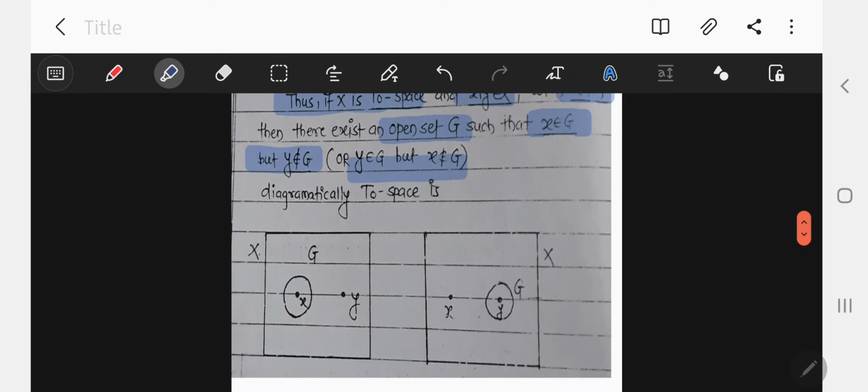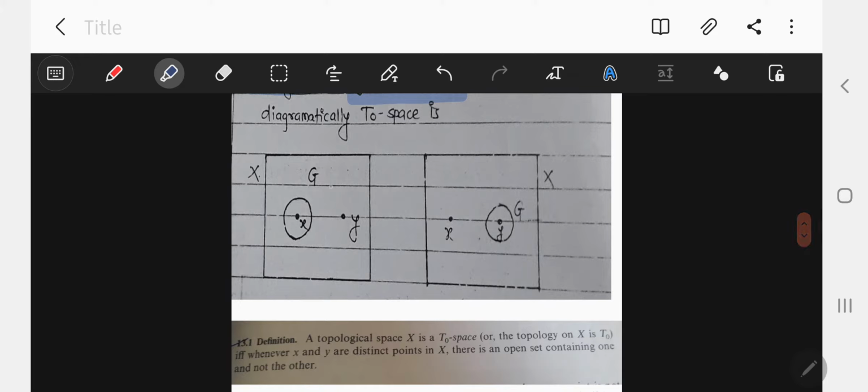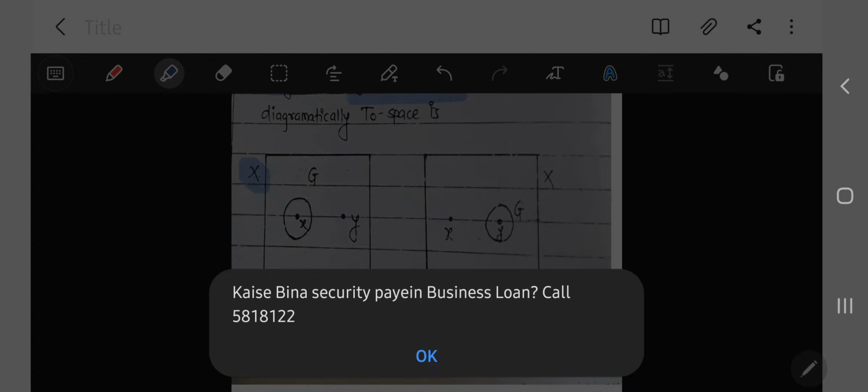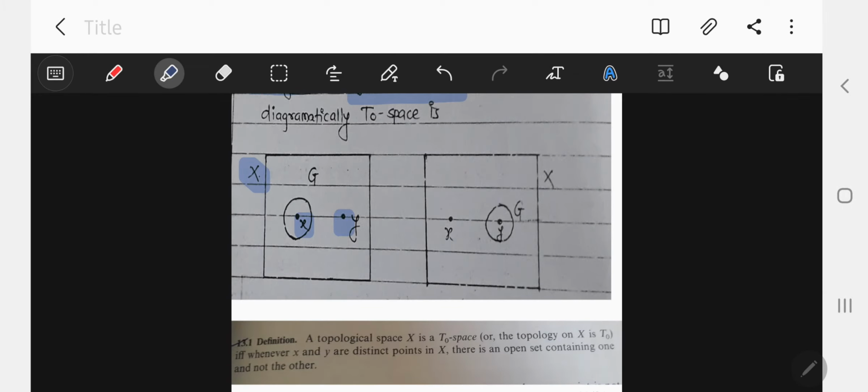And diagrammatically this T0 space is, that is in first case in topological space X for two distinct points x and y, there is open set G such that x belongs to G but y does not belong to G. And in second case, for topological space X, and again for two distinct points x and y, there is open set G containing y but not the x.